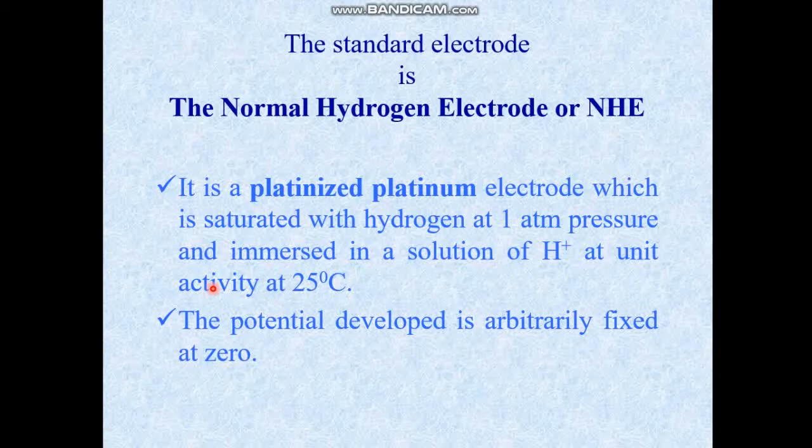This platinized platinum has been saturated with hydrogen. That hydrogen gas is kept at 1 atmospheric pressure, and that platinum is immersed in a solution of acid and its concentration or activity is 1.